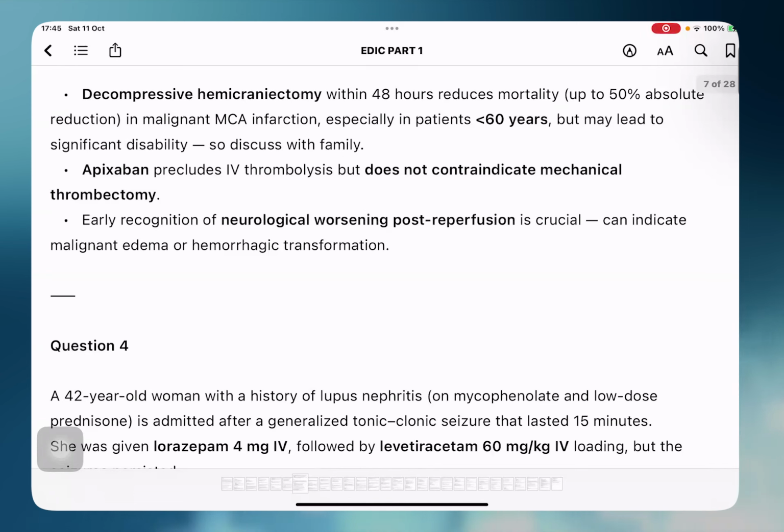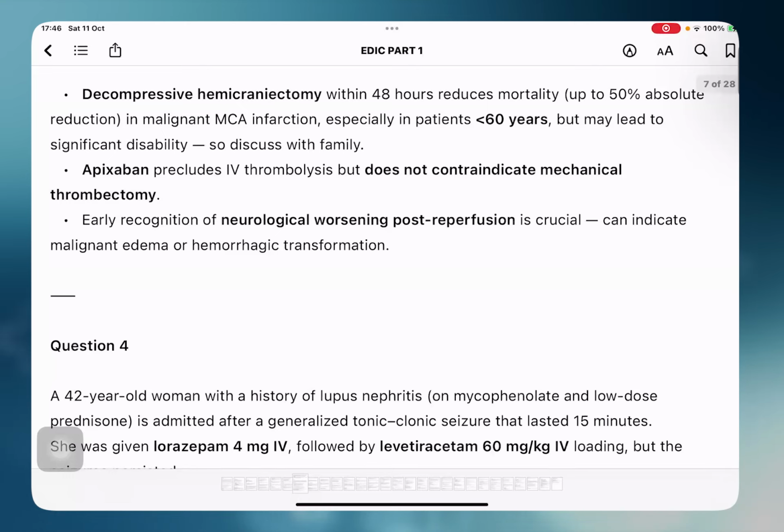The patient had taken the last dose of apixaban 5 hours prior, but it does not contraindicate mechanical thrombectomy. Remember, this is a red herring which you can find in the exam, that the patient was on apixaban or any other anticoagulant. Early recognition of neurological worsening post-reperfusion is crucial. It can indicate malignant edema or hemorrhagic transformation.